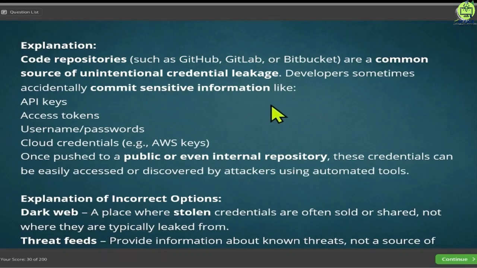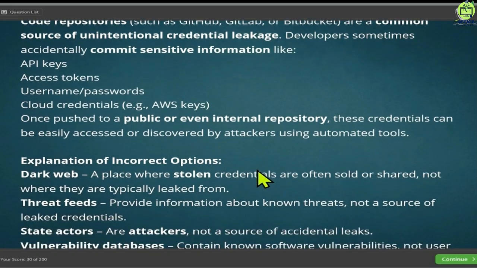Developers sometimes accidentally commit sensitive information like API keys, access tokens, usernames, passwords, and cloud credentials once pushed to a public or even internal repository. These credentials can be easily accessed or discovered by attackers using automated tools.